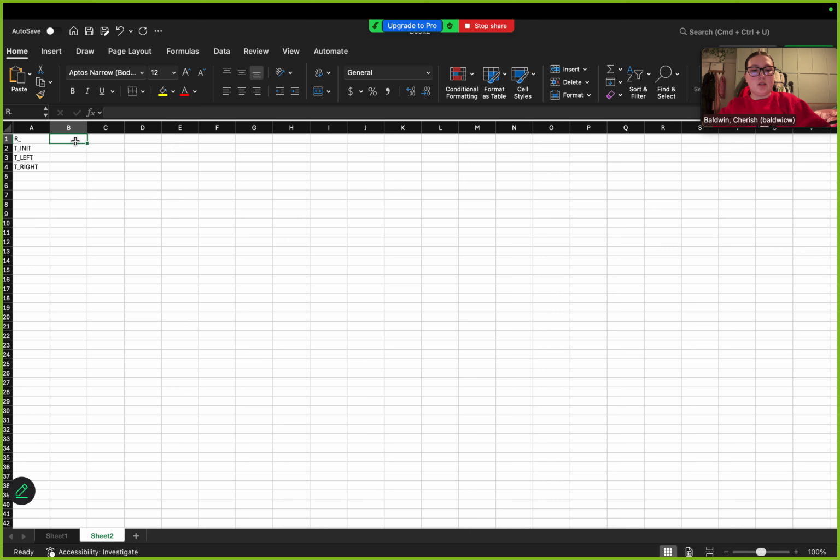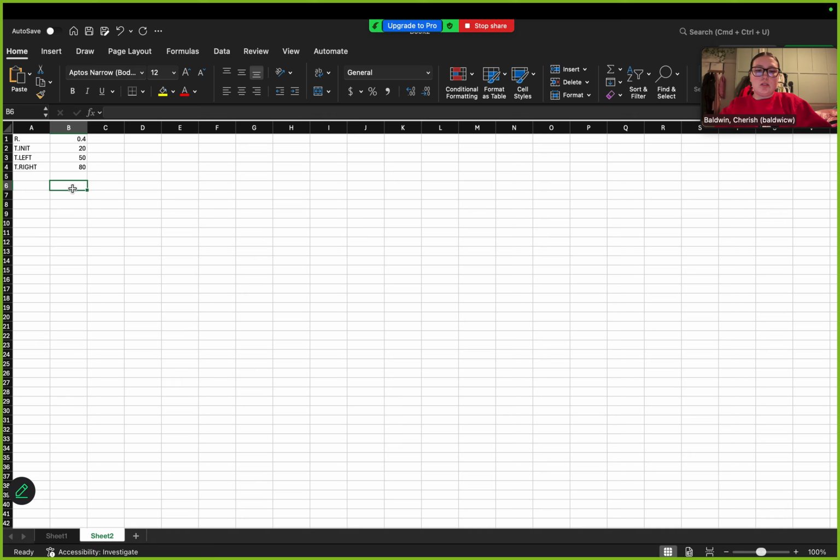Alright, we're going to set this one equal to 0.4. Set this one equal to 20 degrees Celsius, and to the left 50 degrees Celsius, and to the right 80 degrees Celsius.